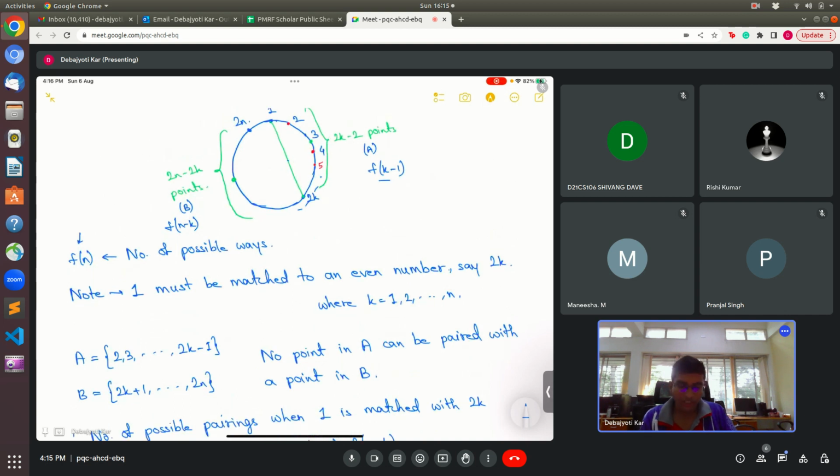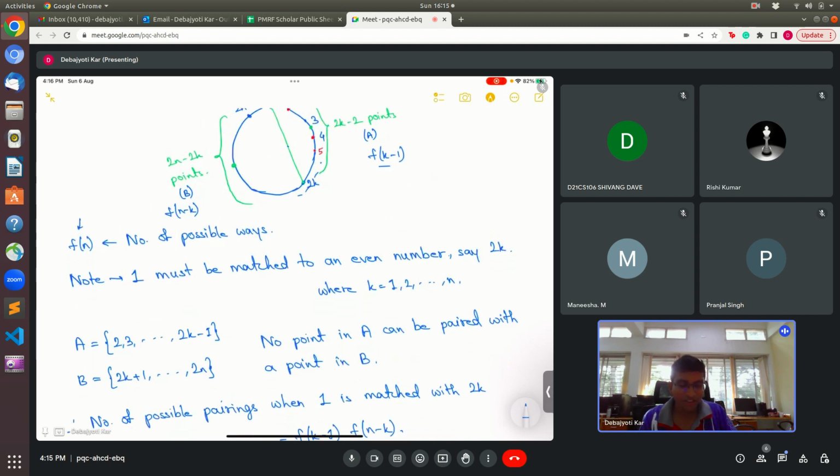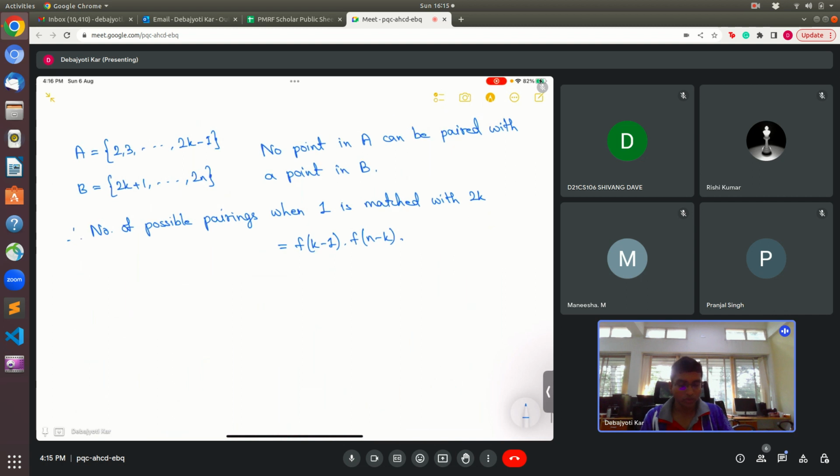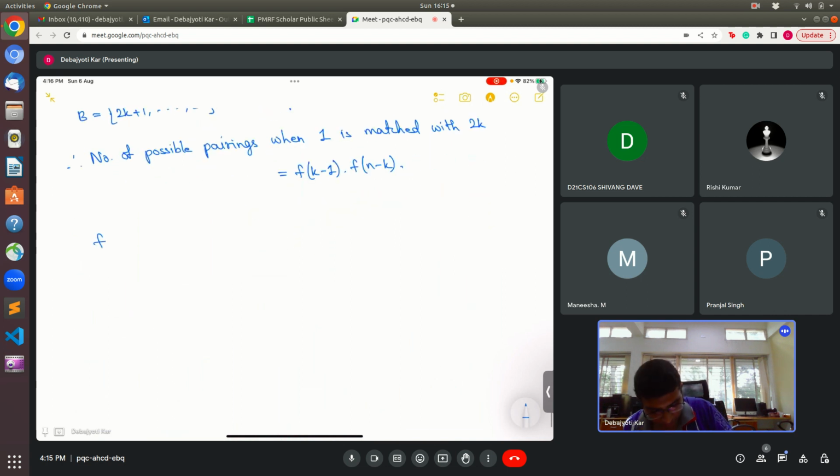And as we saw, k can be any integer between 1 and n. So hence the total number of pairings, which is f of n, is equal to the sum over k, where k can be anything between 1 and n.